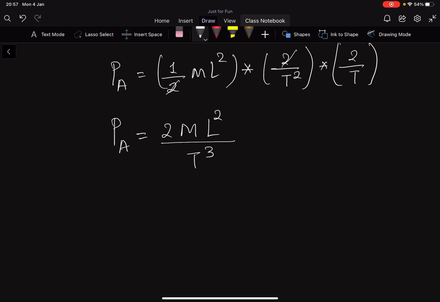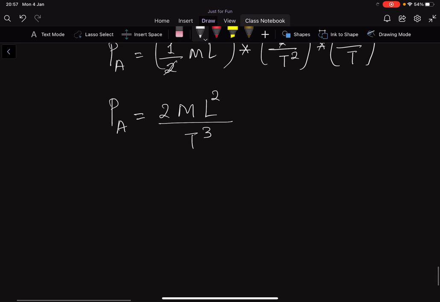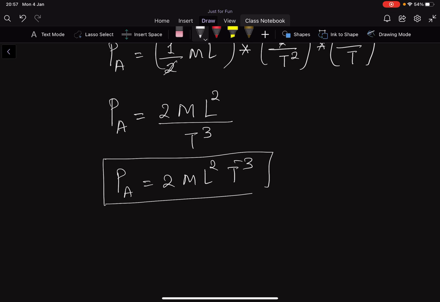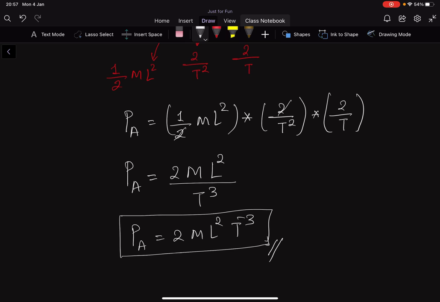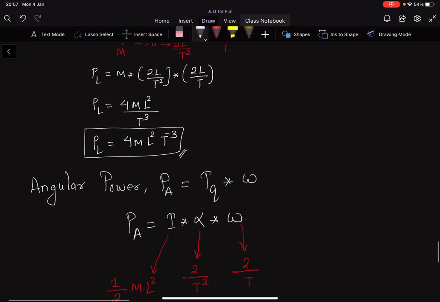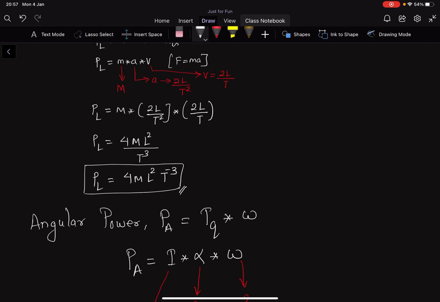Now we can write everything in the same line, meaning we send this up, and that's going to be a negative power. So we're going to get PA equals m L square t minus 3. And that is our expression for the angular power which we needed to derive. Hence we have derived the angular power dimension formula, and similarly we have derived the linear power, which is m L square t minus 3.